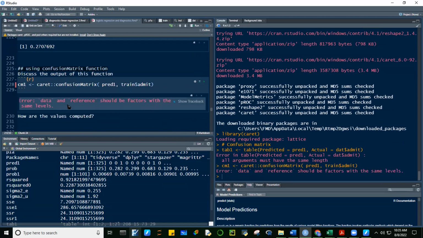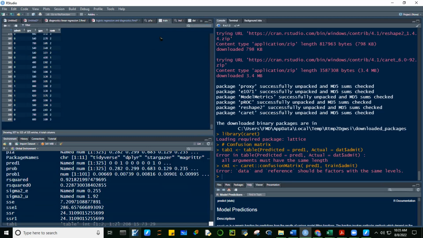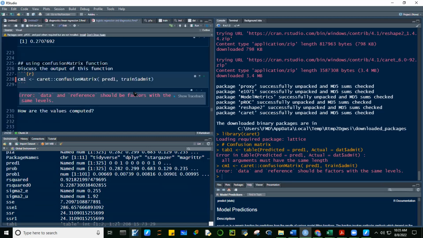Oops. Ano nangyari? Pred1. Sandali lang. Tama naman to. Pred1 is 325. Train is, tama, di ba si train 325 yan? Yeah. Okay, so what's wrong here?